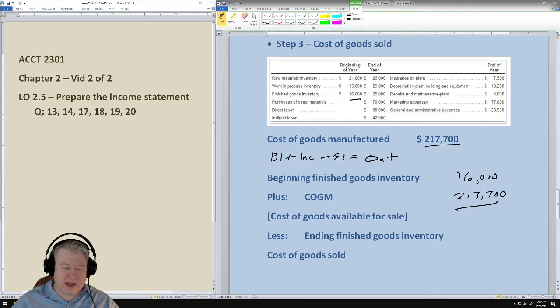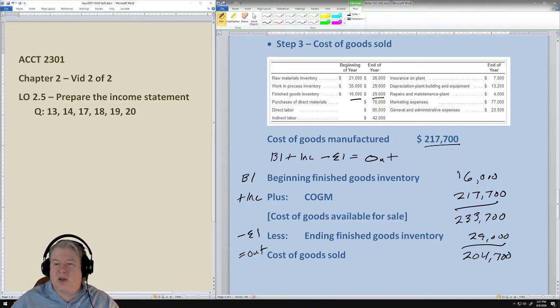And that's going to give us 233,700. So this is the beginning inventory plus incoming items minus the ending inventory equals the outgoing items. And here the outgoing item is cost of goods sold. So less the ending finished goods inventory, another 29,000. A little unfortunate that's the same number for both of those. And we have 204,700.